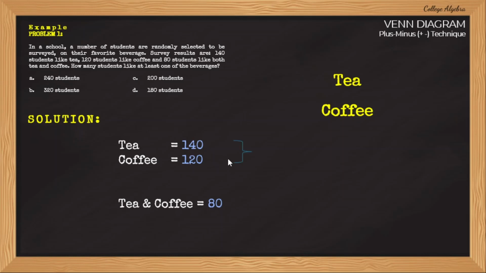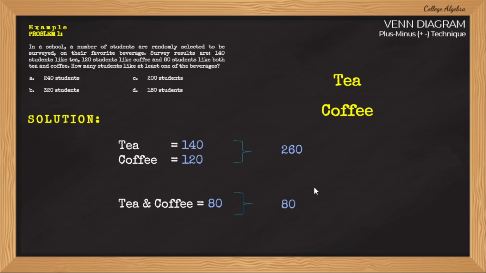For 140 and 120, we have to sum that up, and of course, we have to sum this up. Obviously, this is only a single combination of 2. The sum of 140 and 120 is 260, and the sum of 80 is 80.